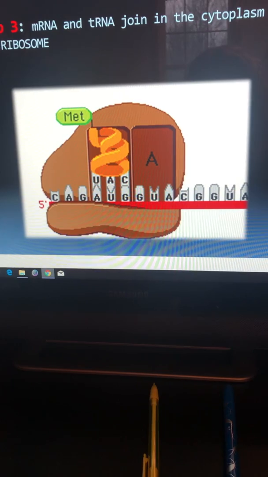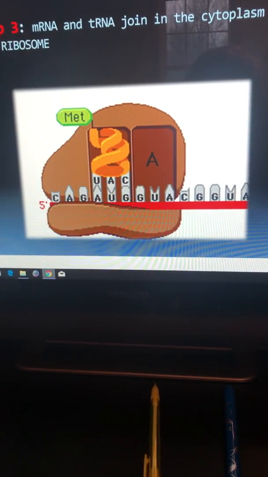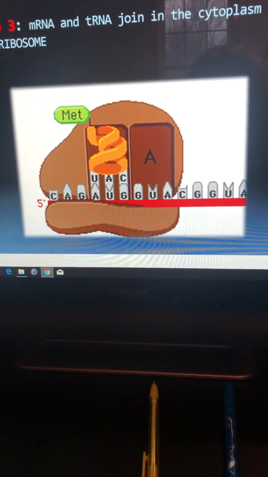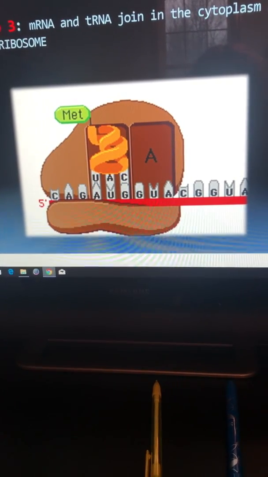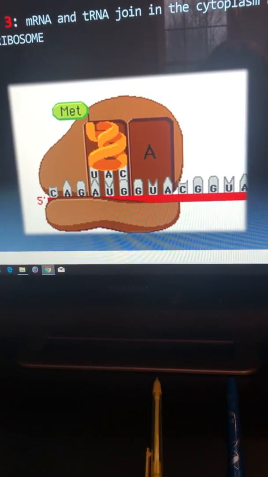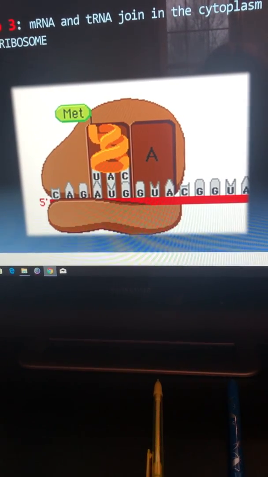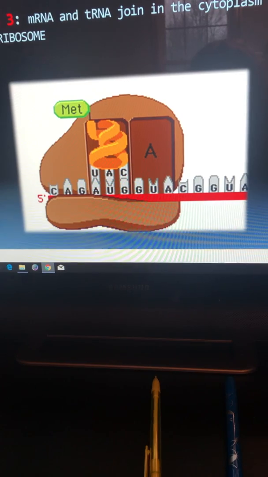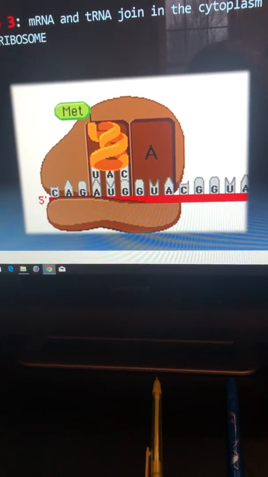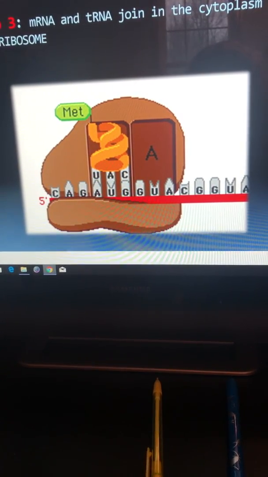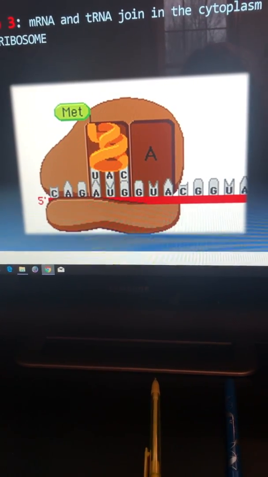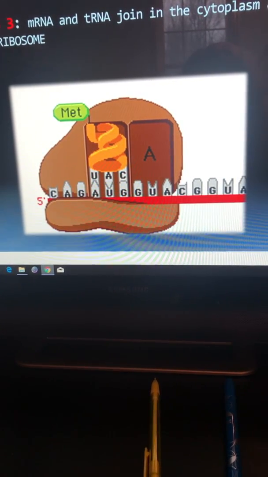So wherever you see A, there would be U, and where you see U, it's A, and when you see G on messenger RNA, transfer RNA will have the C. If you look at the other end at the top, it says MET. That is the name of the amino acid, and we usually just refer to it by the first three letters of that amino acid.